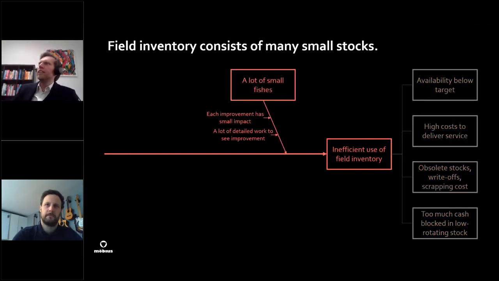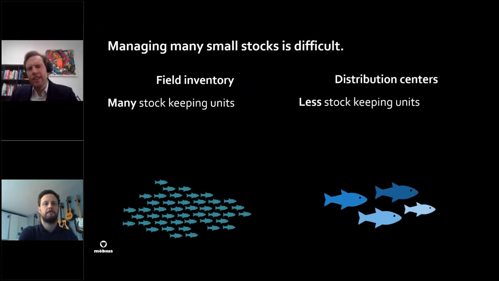The first cause is field inventory is what I called a lot of small fishes. It consists very often of many small stocks, and that creates specific challenges. The first challenge is that there are a large number of stock keeping units.